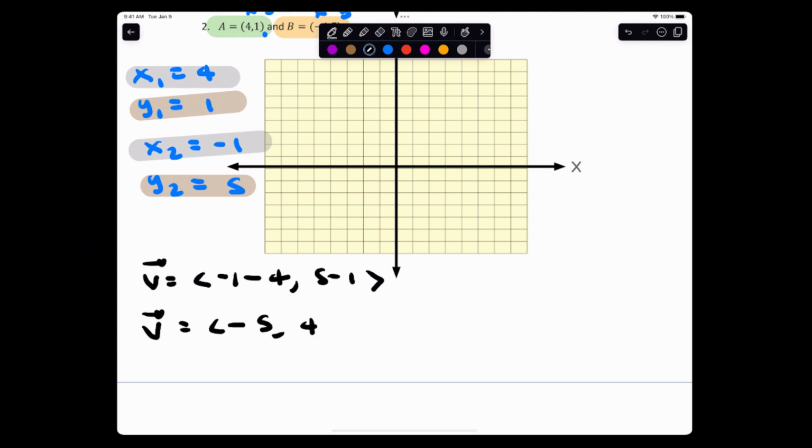That's -5, 4. So there's vector v in component form, okay?